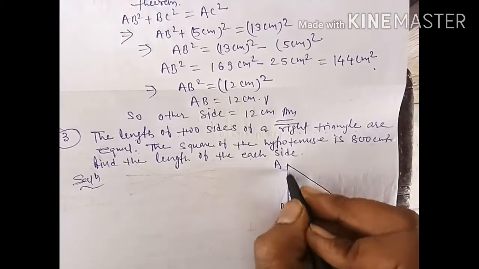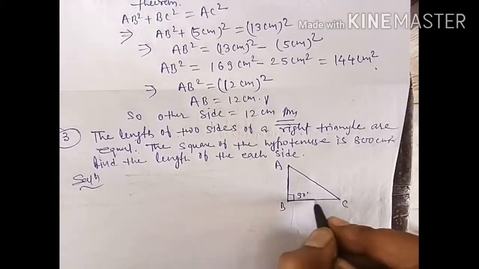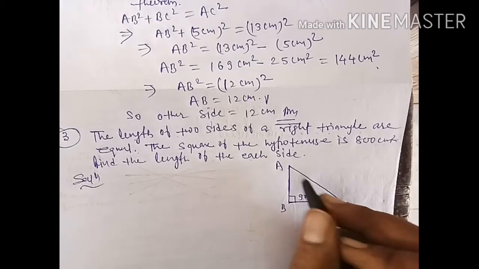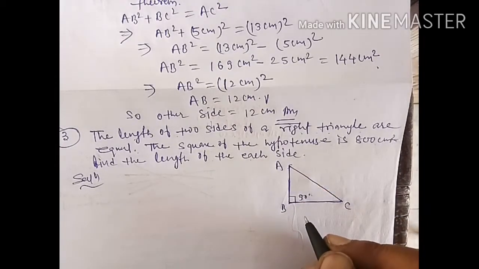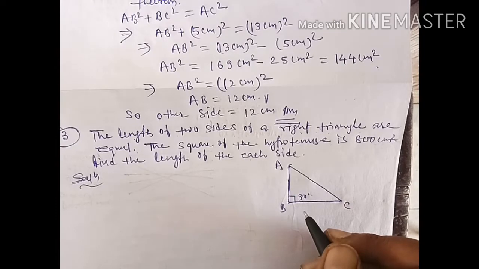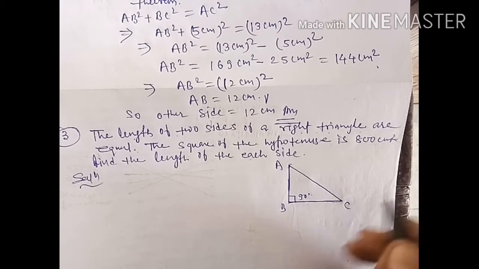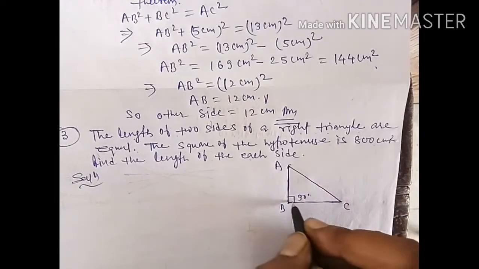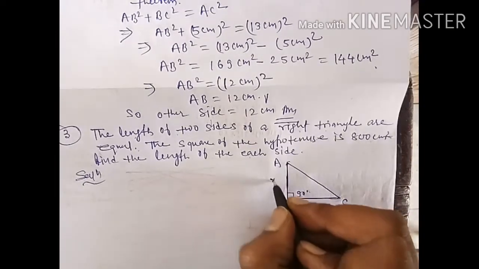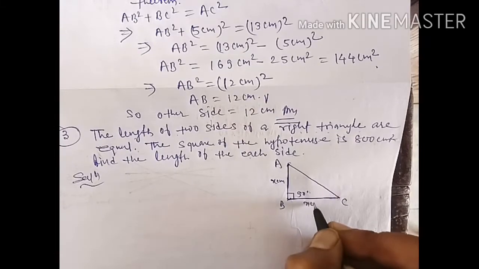Here given that the length of two sides are equal, so hypotenuse is the longest side of a right angle triangle. So hypotenuse cannot be equal to any other two sides. So length AB and BC are equal. Let it is x centimeter. This is also x centimeter.